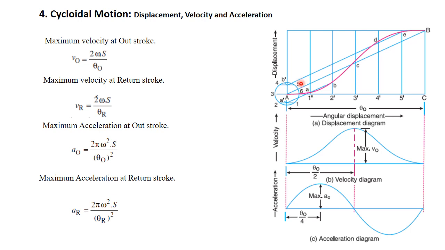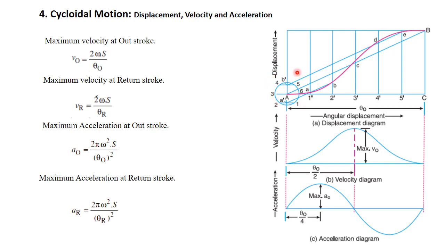The cycloid is generated by the rotation of a circle, not only the rotation but the rolling of the circle on one of the surfaces. The cycloidal curve is nothing but the curve generated by a point on the circumference of the circle when it rolls purely on a surface, either a straight surface or a curved surface. If it is rolling on a straight surface, then we call it a cycloid. Otherwise it may be an epicycloid or hypocycloid.